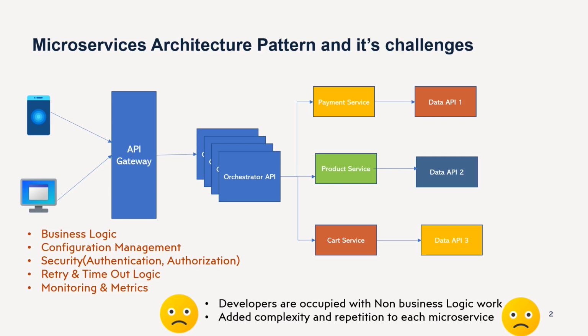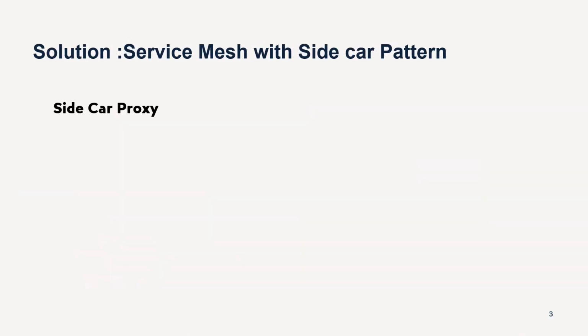So the challenge here is to basically give some tool or solution to the developer so that these non-functional requirements are handled by something else. So the solution here is basically a service mesh.